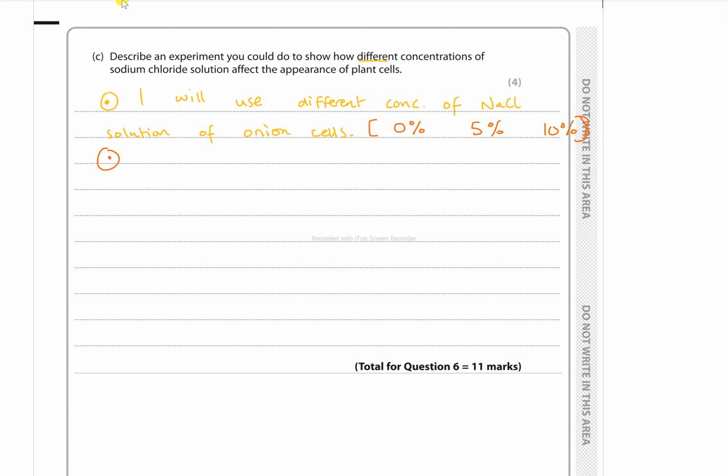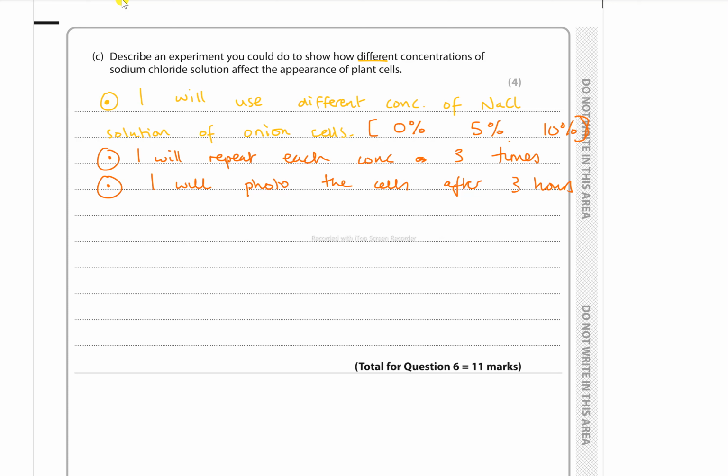I will repeat each concentration, say 3 times, using many cells. I will photo these cells after, say, 3 hours.